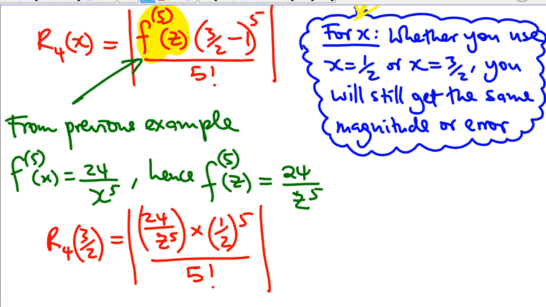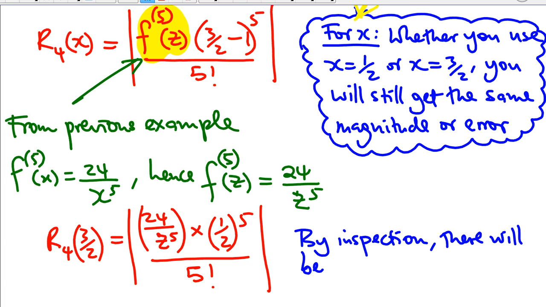So by inspection, there will be maximum error if z is equal to a half.